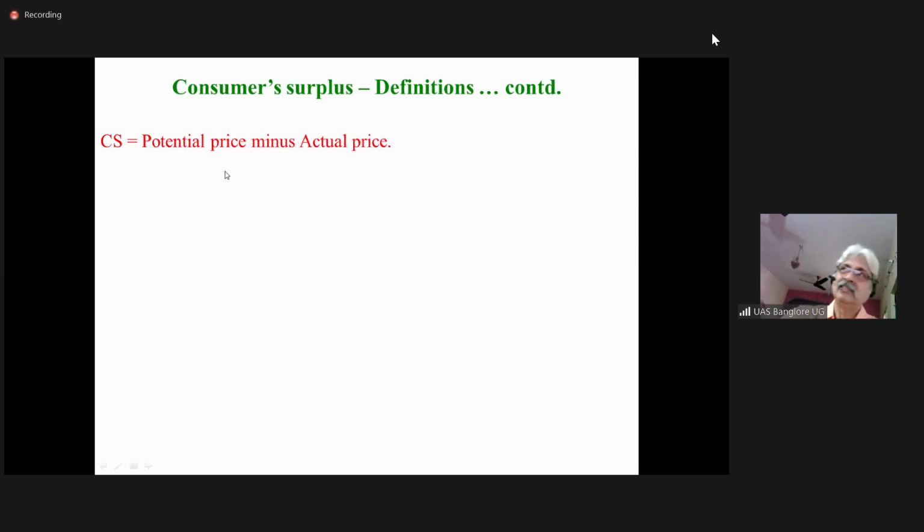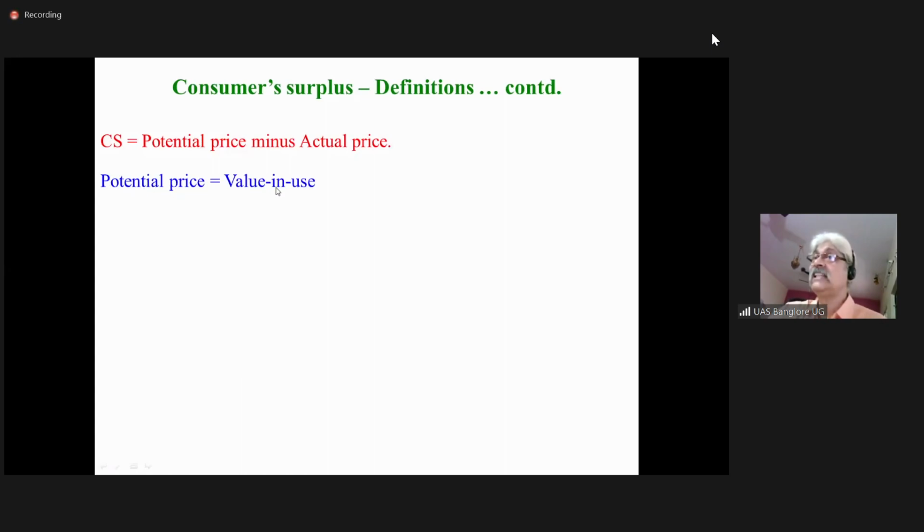What is the likely price, the maximum price the consumer is ready to pay, is the potential price, and then the actual price. Your cinema ticket, 500 rupees potential price, actual price 400 rupees. The difference between the two is consumer surplus.